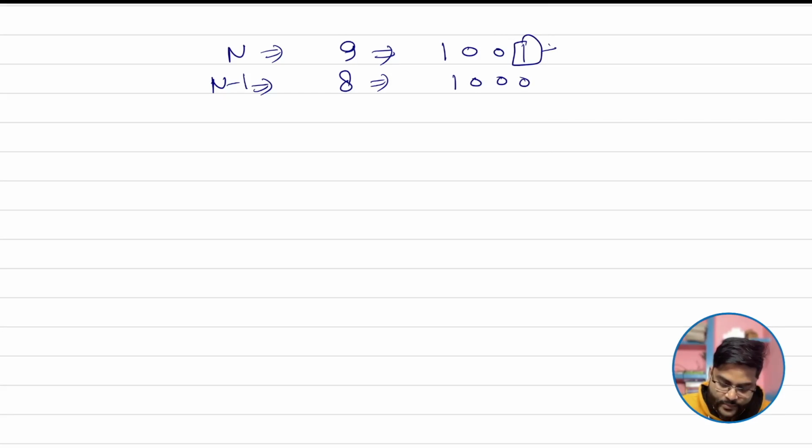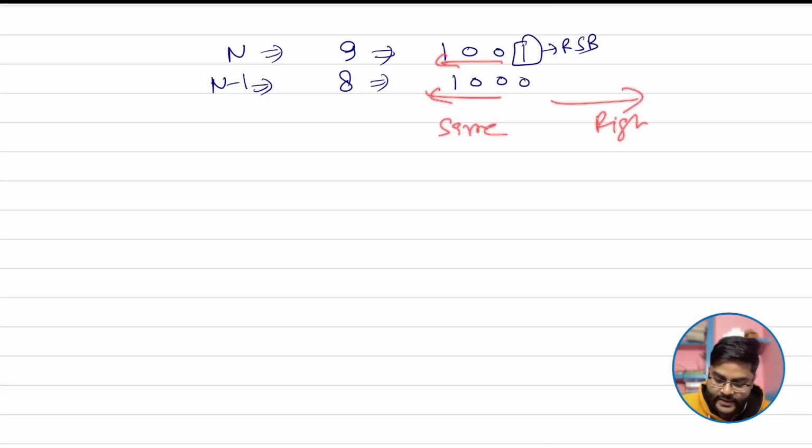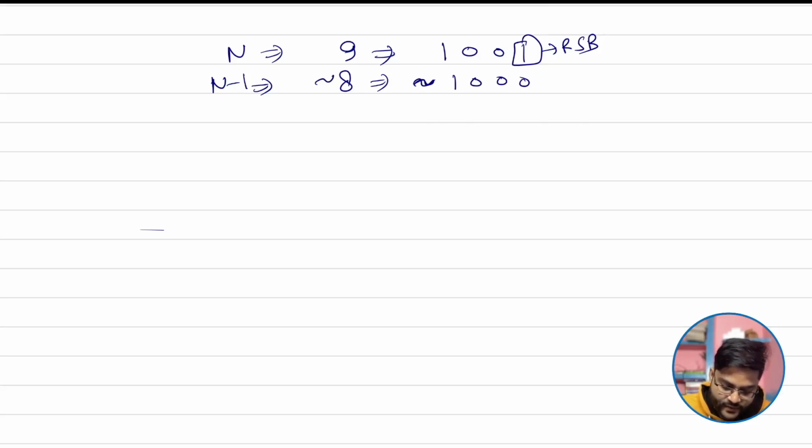This is my rightmost set bit. All the bits on the left are the same, and the right side bits will be in inverted order. Now if I take the inversion of it, if I invert these bits, what will happen?